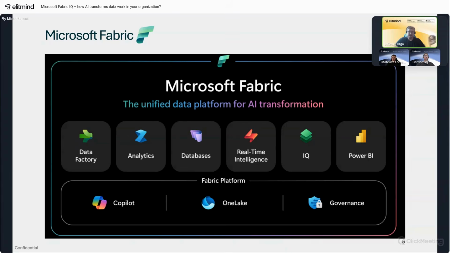OneLake is the centralized logical data lake for Fabric. All workloads store and access data through OneLake, enabling zero copy access patterns and allowing data to remain in its original location while being reused across experiences or workloads, whatever you call it. All right.